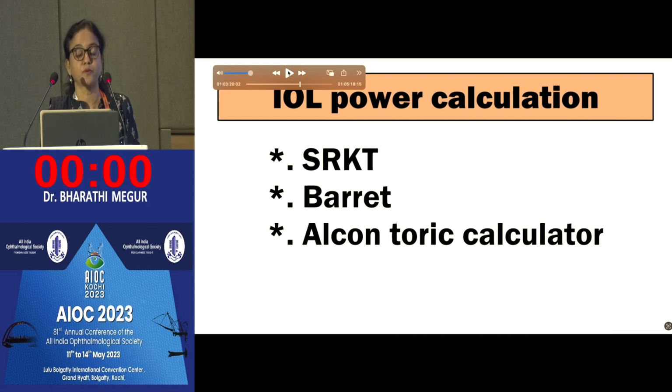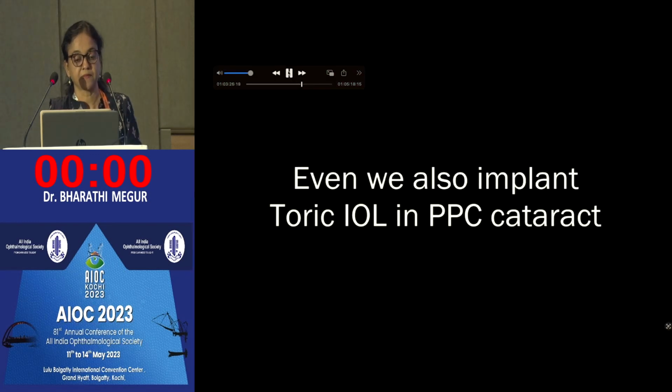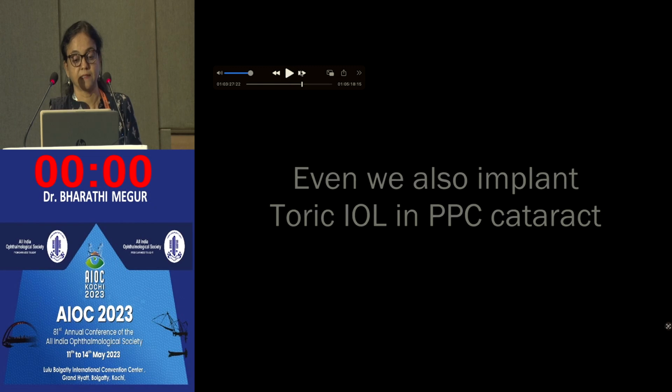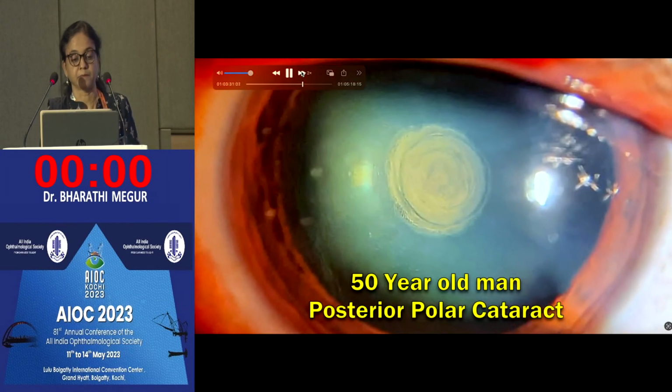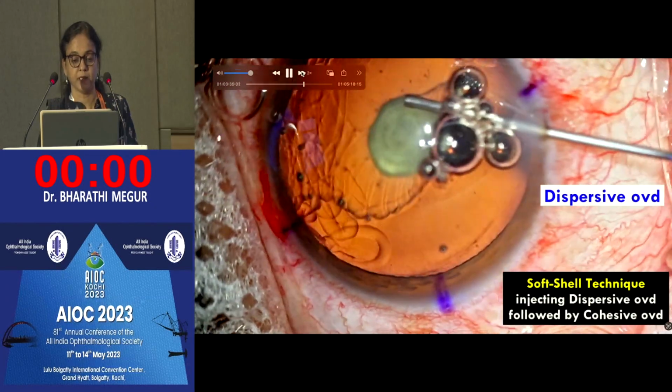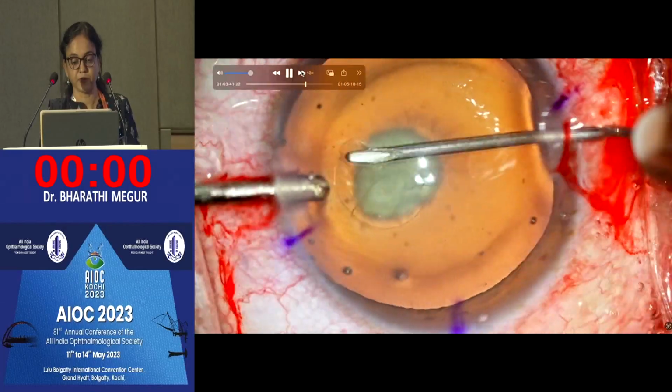Suppose you would want to choose an Indian IOL, the Indian manufacturers themselves have their own online calculating tools through which they provide you the sheet for implanting the IOL, including the axis to be implanted. So we have Acrecol and Biotech, I think. These are the companies from which we get IOLs from Indian companies. Let me rush through this video.